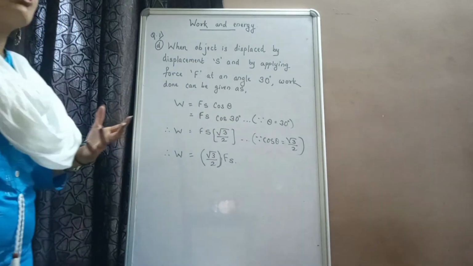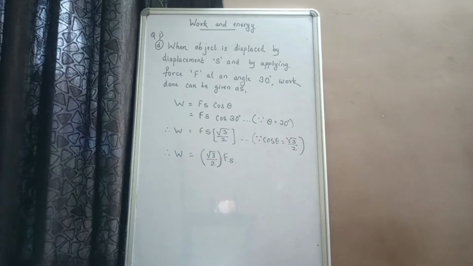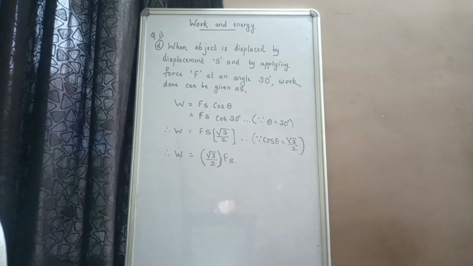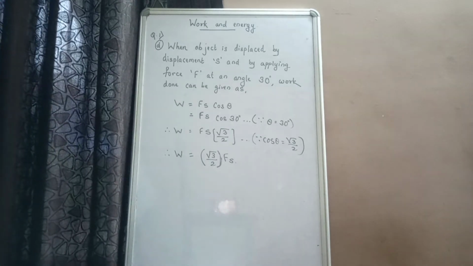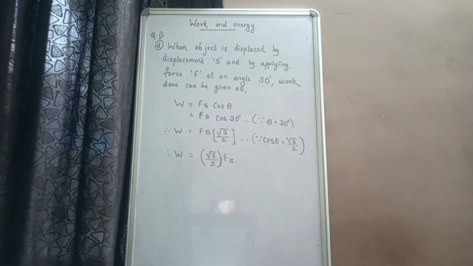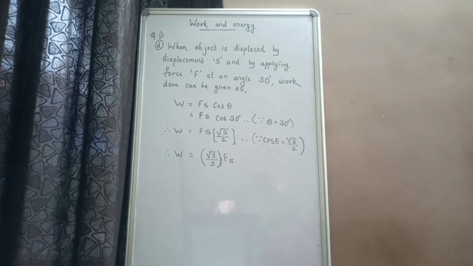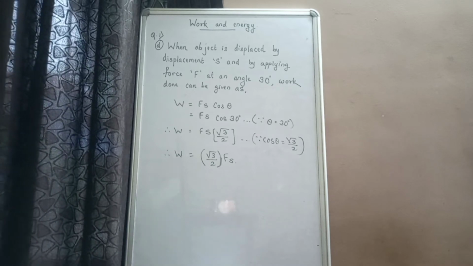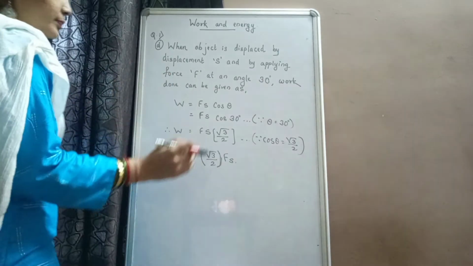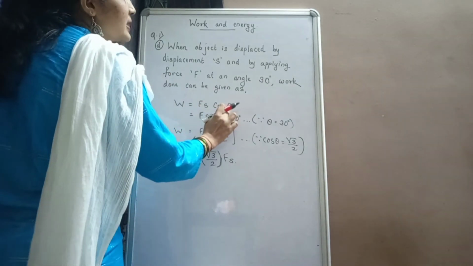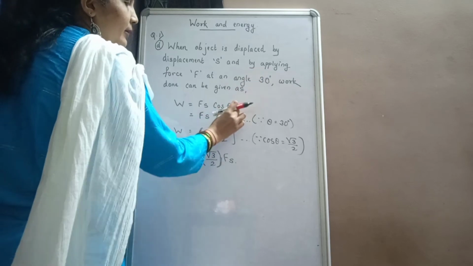Now sine, cos, these are certain ratios, certain terms which we also use in mathematics. You will study these mathematical terms this year, so no need to worry. Cos is a certain ratio of an angle. Theta means that particular angle.